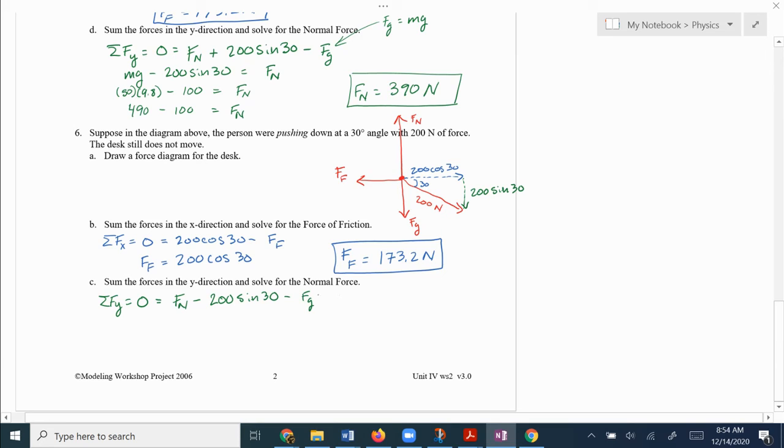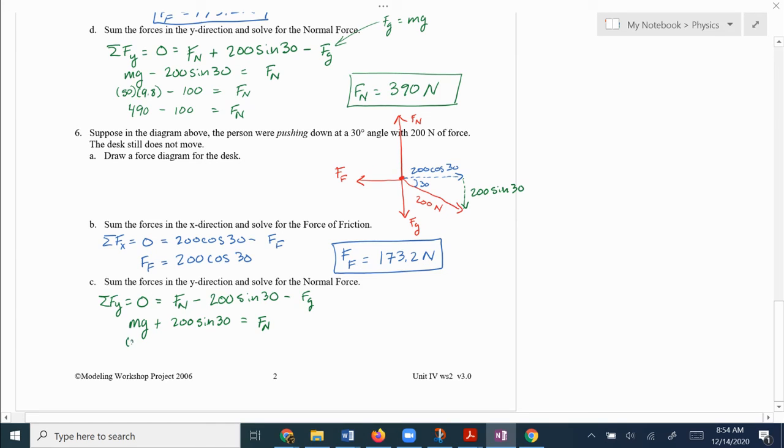Again, remembering that force of gravity is actually mg. So we add that to the other side, so we're going to get mg plus 200 sine 30 equal to normal force. Again, I've just added the 200 sine 30 to the other side, and I've added mg to the other side. That's why they're both positive now. I moved them to the side with 0.